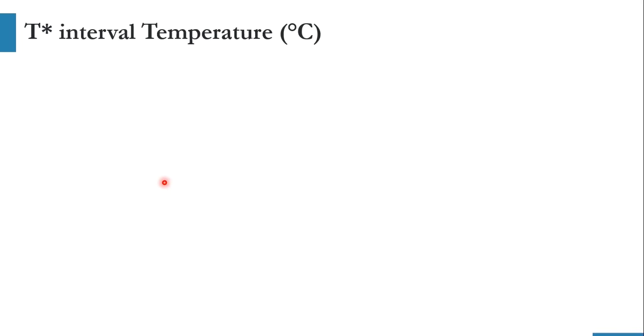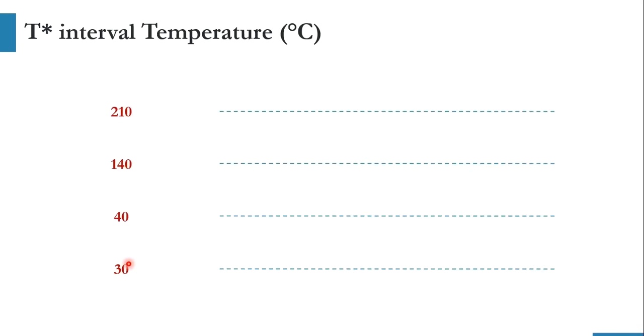So first we will plot the intervals 210, 140, 40 and 30 as we have discussed. As you can see, there are three intervals: 210 to 140, 140 to 40 and 40 to 30 degrees centigrade. This is the first stream, the cold stream, labeled in blue, from 30 degrees centigrade to 210 degrees centigrade. And this is the second stream, which goes from 140 degrees centigrade to 40 degrees centigrade.